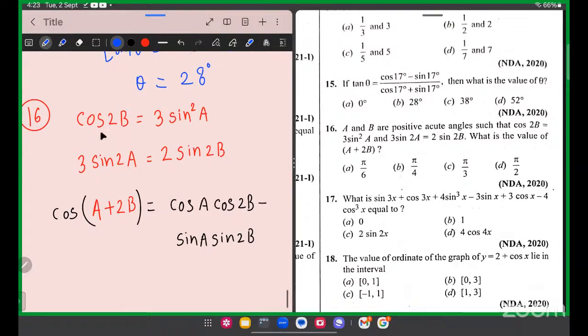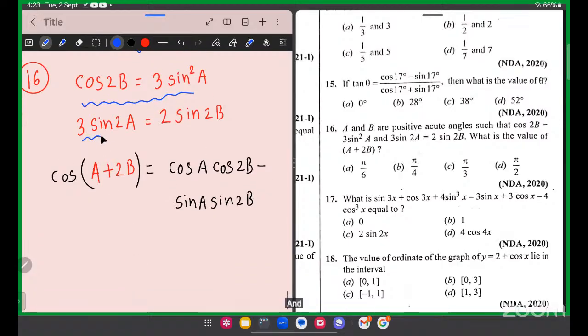See here, in the first equation, what we have got, cos 2B is equal to 3 sin square A, isn't it? And here we have got 3 sin 2A is equal to 2 sin 2B.